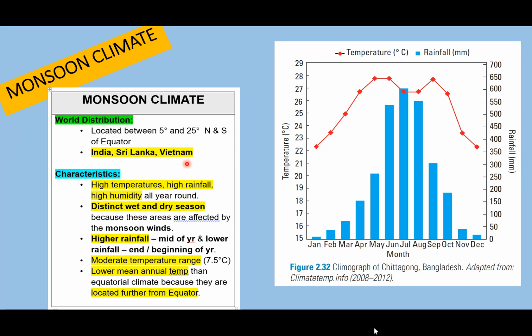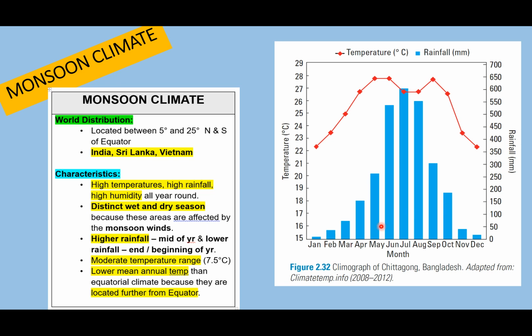The characteristics: high temperature, high rainfall, and high humidity throughout the year. We have distinct wet and dry season for monsoon climate. If you look at this climograph, this is your distinct wet season and this is your distinct dry season. Because these areas are affected by the monsoon wind.